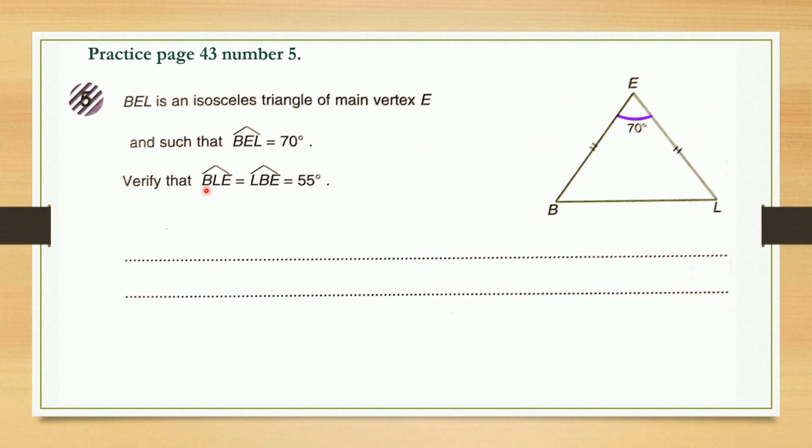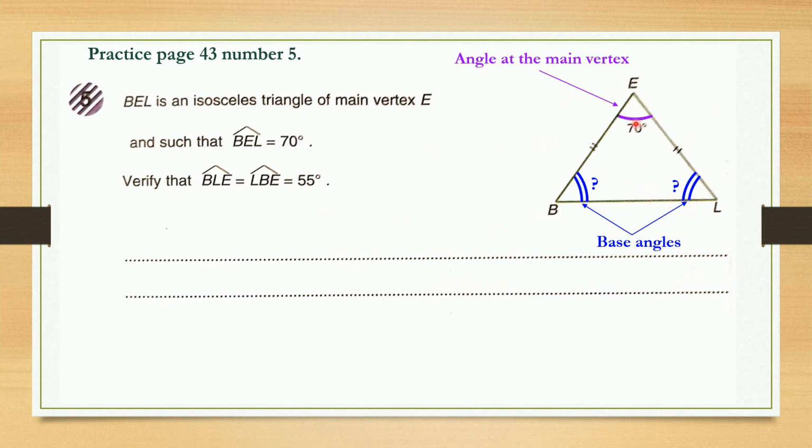Verify that angles BLE equals angle LBE equals 55 degrees. So they gave us the angle at the main vertex. They want you to calculate the two angles of vertices B and L. It means the two angles at the base, we need to calculate their measure and prove that they are equal to 55 degrees each. How?